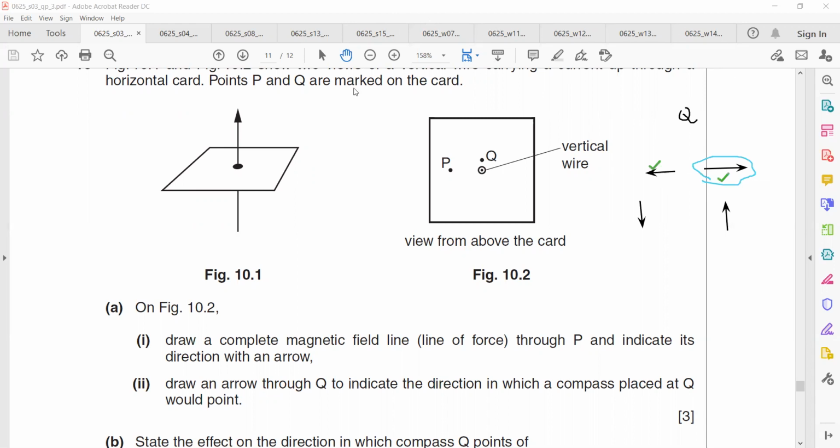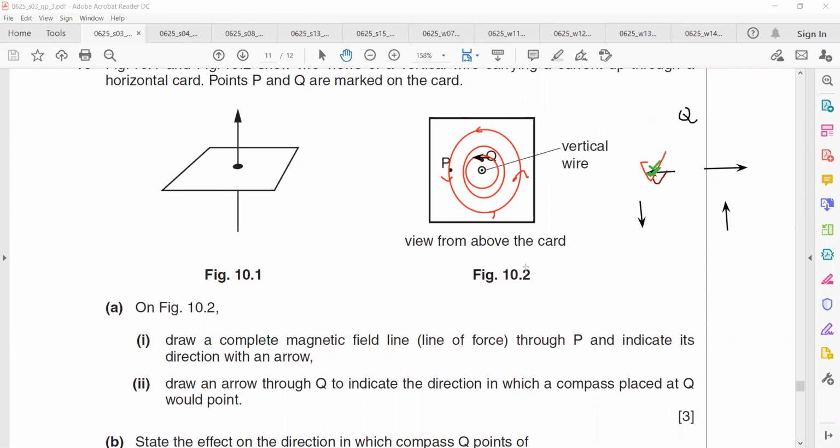If I draw the magnetic field lines, this is how the magnetic field lines are. So the question is, if we place a compass, where will the compass needle point? The compass needle will point in the same manner, towards the left side.